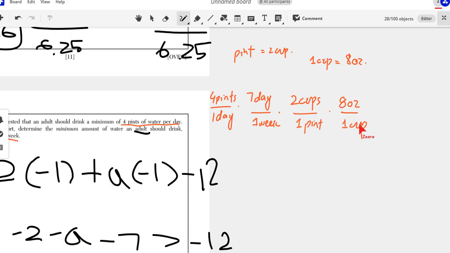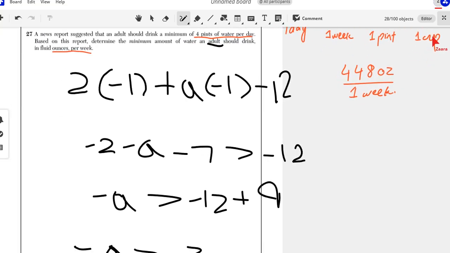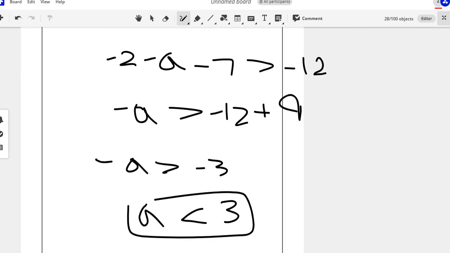At the end, 4 times 7 is 28, and 28 times 2 is 56. 56 times 8 is 448, and I will get ounces per week. So the result has to be 448 ounces.